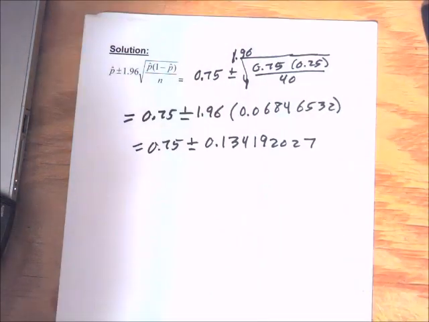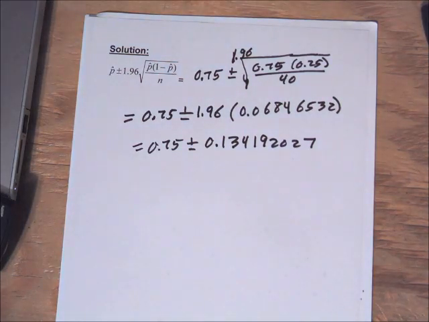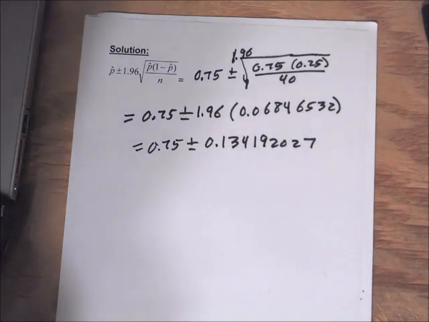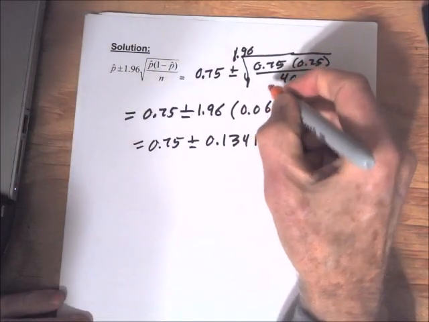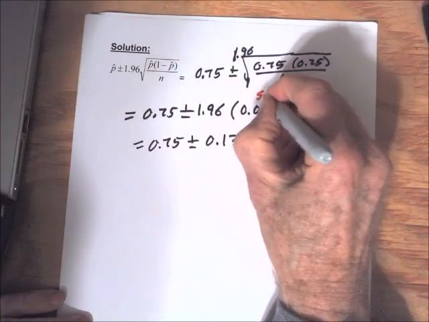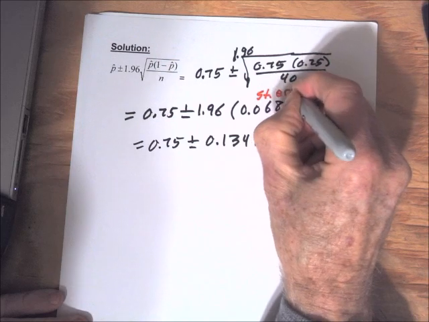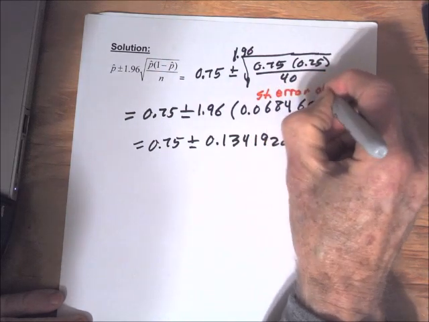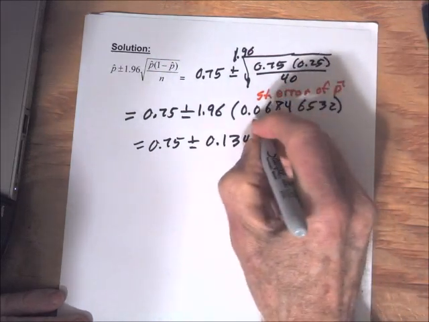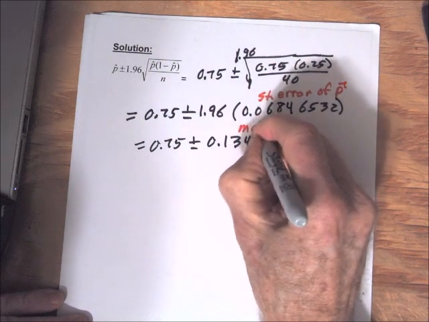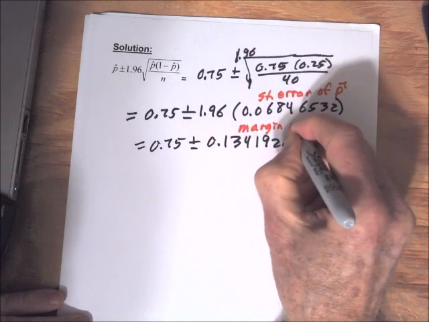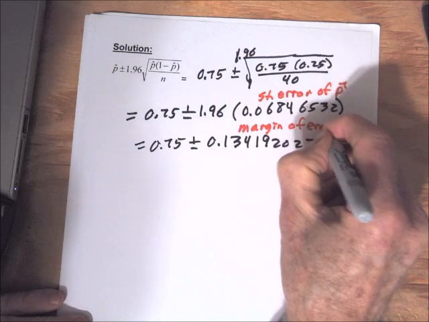This is an estimate for the standard error of p hat, and this is what's called the margin of error here. Sometimes those are reported separately.